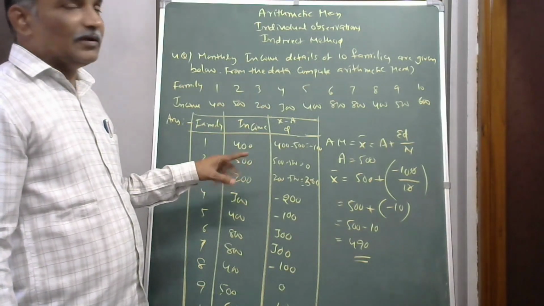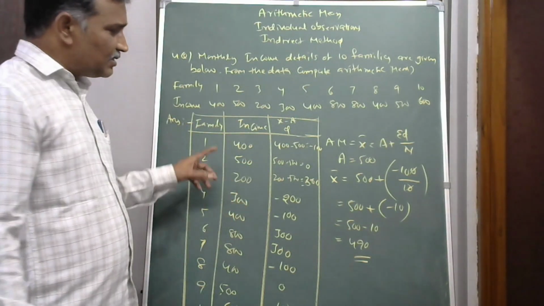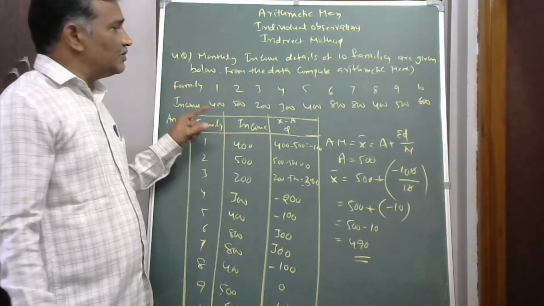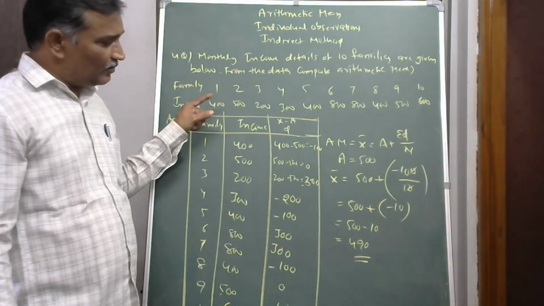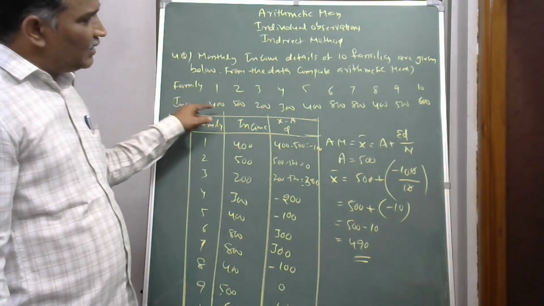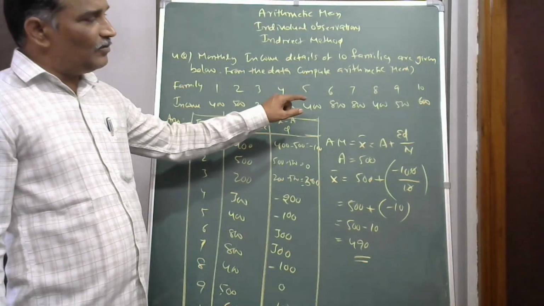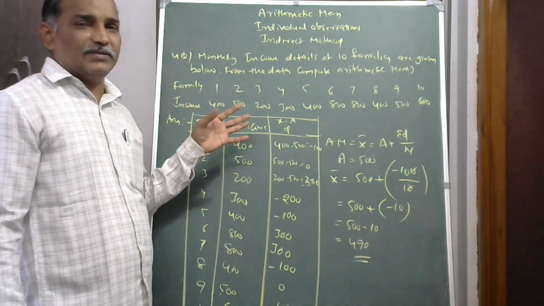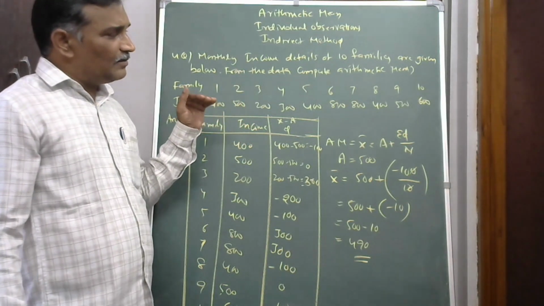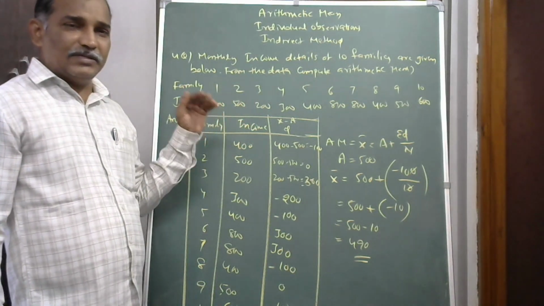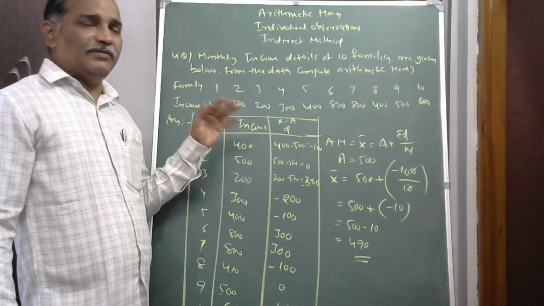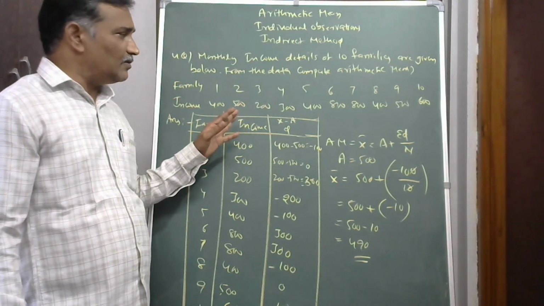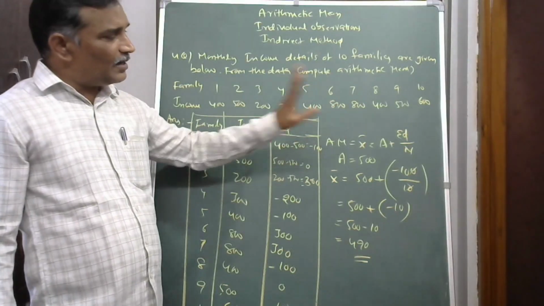So this is the method. We have to observe the method. We have to take any value from the given series, or it may be out of the series, but it is better to take it from the given series. It may be between the highest value and the lowest value. So here we take 500 as the assumed mean.